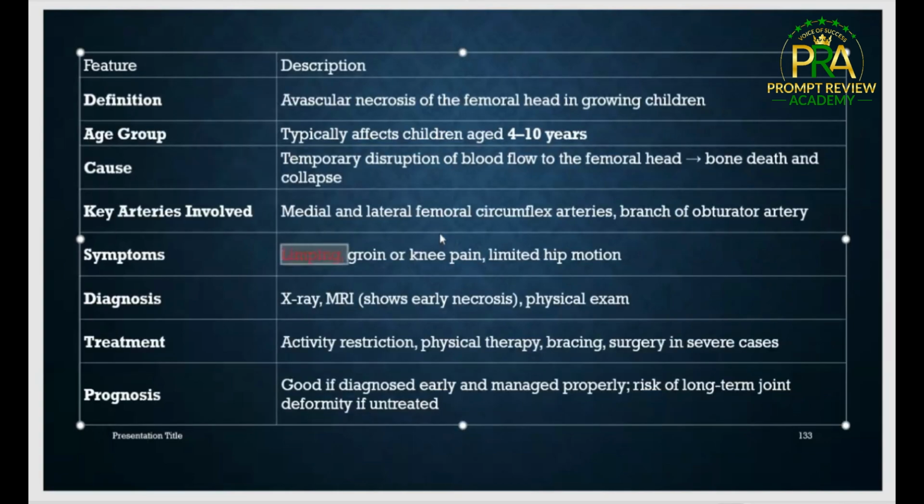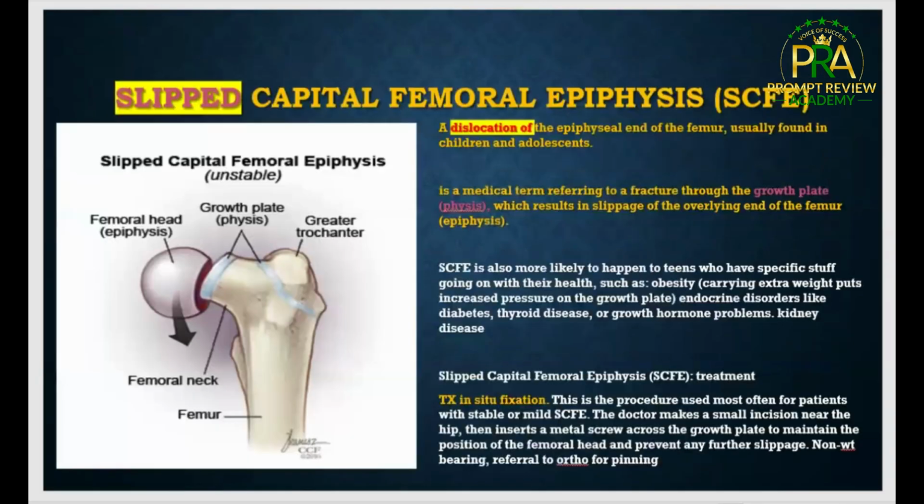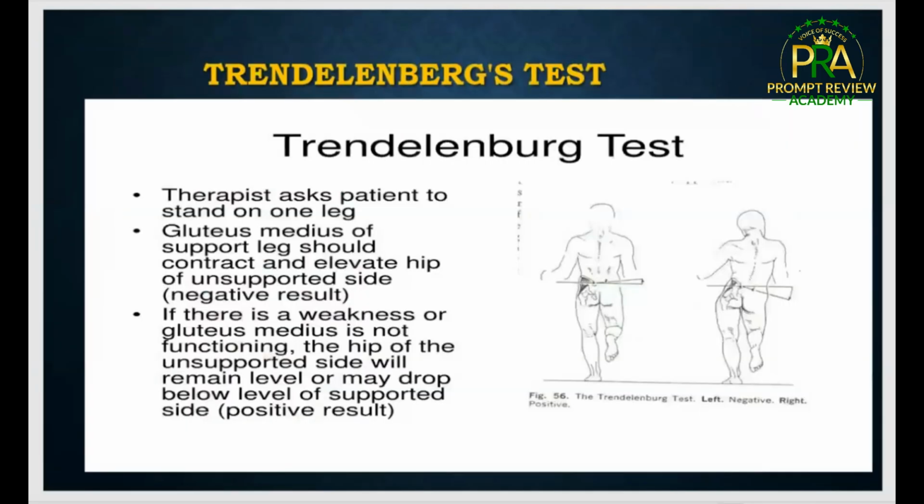Okay, so remember another important thing: Legg-Calvé-Perthes, Salter-Harris fracture and slipped capital femoral epiphysis are going to have what we call a positive Trendelenburg test. So they are going to have an unequal size of the hip, positive Trendelenburg test.